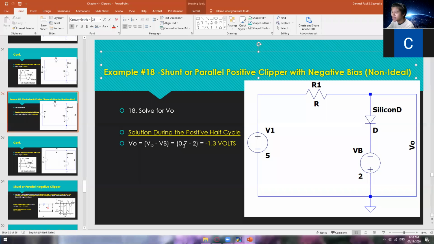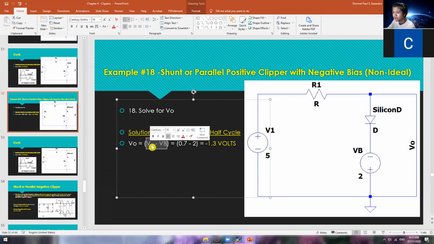So 0.7 minus 2 is equal to -1.3 volts. To get the voltage output, you just need to consider the voltage drop and the bias voltage, so 0.7 minus VB, 0.7 minus 2. That's how you get the voltage output of negative 1.3.